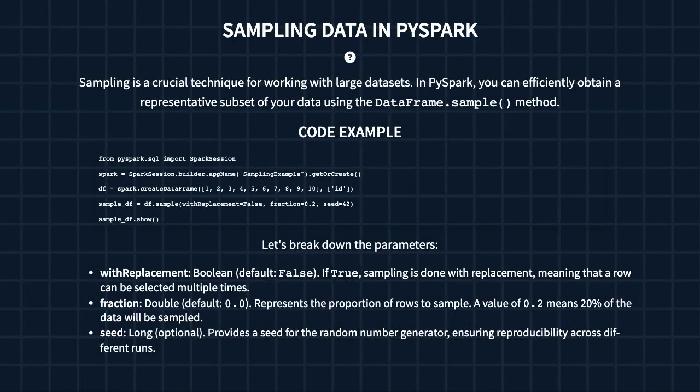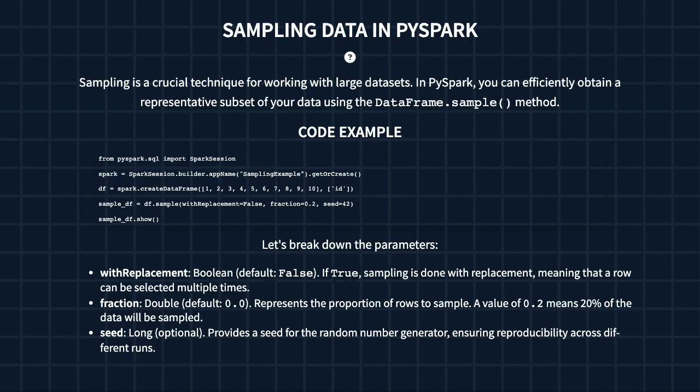Okay, let's talk about sampling in PySpark. It's super handy when you have massive datasets and you only need to work with a smaller portion of them, like for testing or exploring patterns. We use the data frame sample method for this. You can specify how much of your data you want to keep using the fraction parameter.